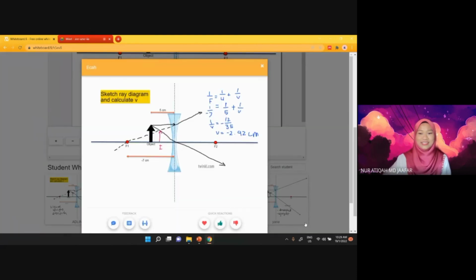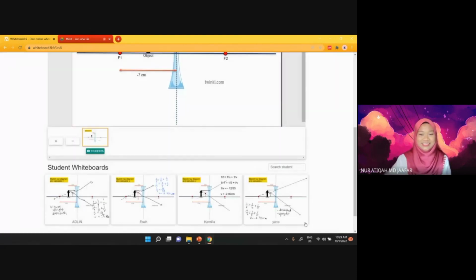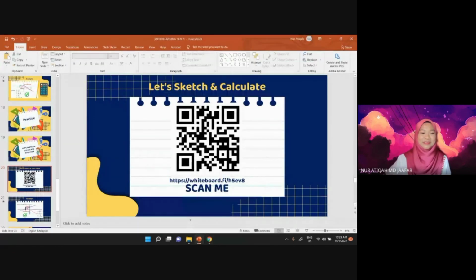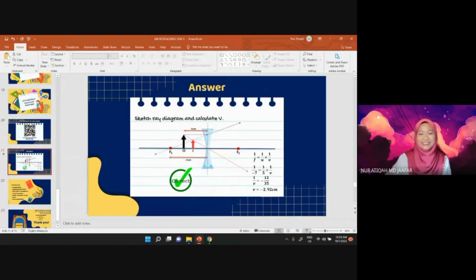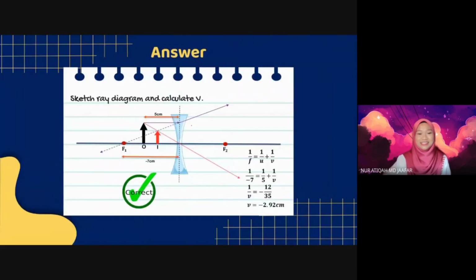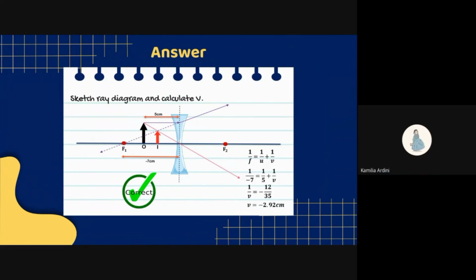Camelia's answer is the same as Aisha's. So well done, everyone. Let's get back to our slide. So this is the answer. So 100 marks for you. Good job.